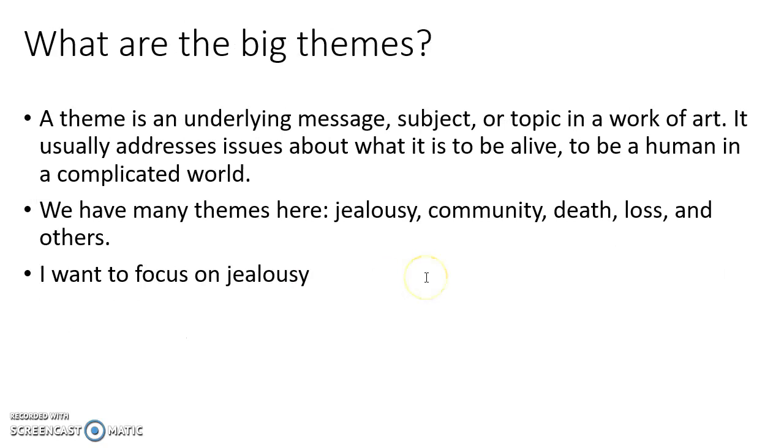So what are the themes here? A theme is an underlying message or subject or topic in a work of art, right? And it usually addresses something about what it is to be a human being. And I know that sounds kind of fuzzy and big, but there are lots of weird things about being alive that poetry can tell us about that a lot of other disciplines struggle to do, I think.